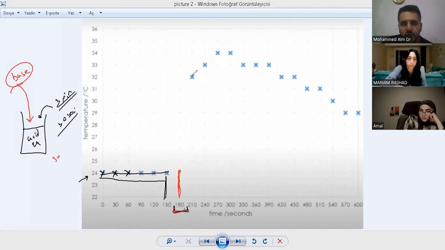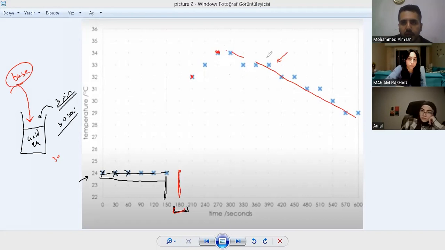Let's say the temperature rises here and continues rising until here. Later the temperature starts to fall. Why does the temperature fall? As we said, it is because the reactants finish completely at this point.